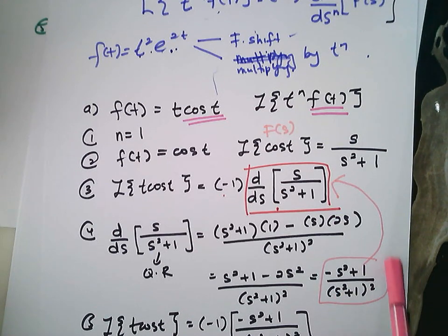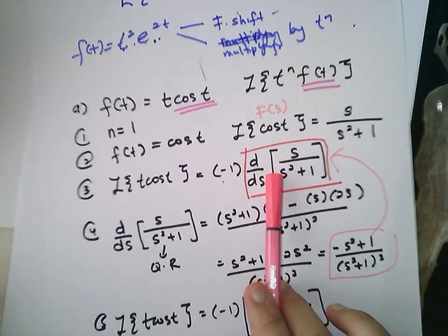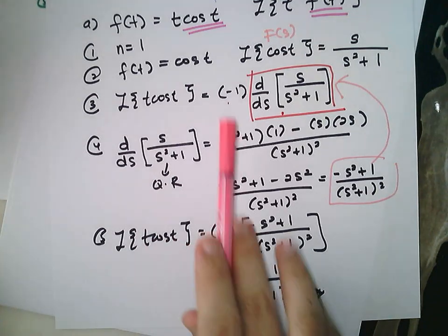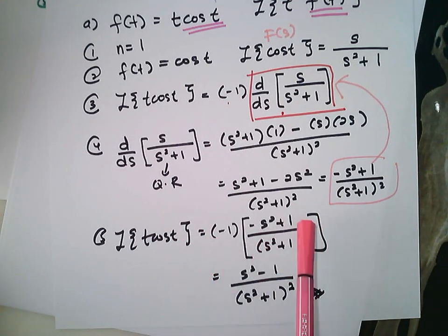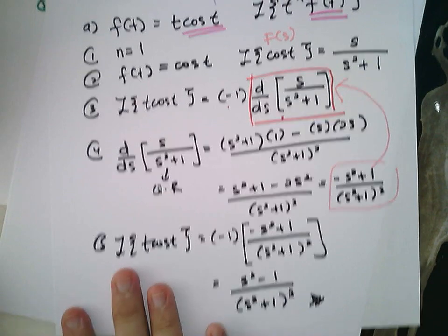Now substitute this back into the equation, so Laplace of t cos t is equal to negative 1 times the whole function here. So you will have s squared minus 1 over s squared plus 1 the whole thing squared.